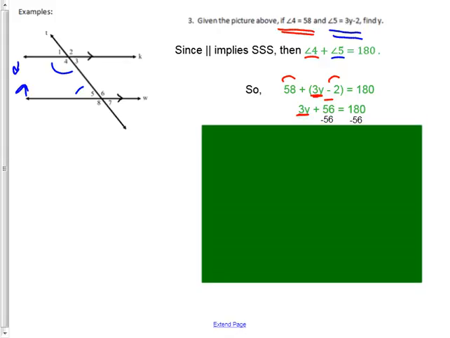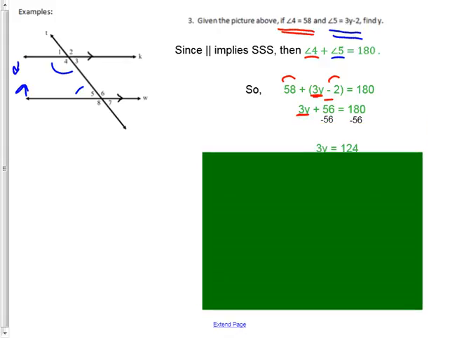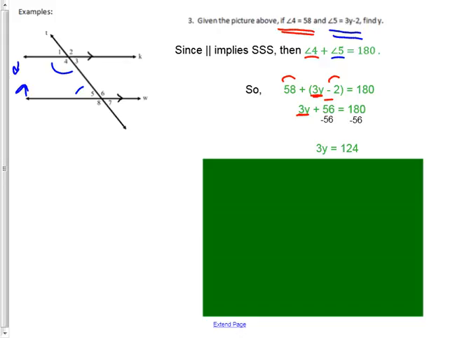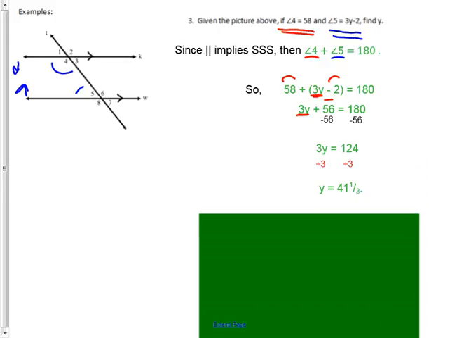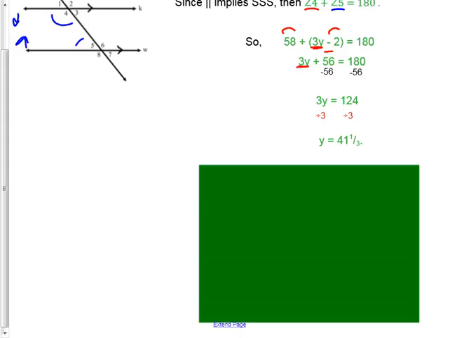Subtract 56 from both sides. So we have our 3y on one side, and our constant, 124, on the other side. Now we need to get y alone, so we divide both sides by 3, and we get that y equals 41 1/3. So we've solved for y.